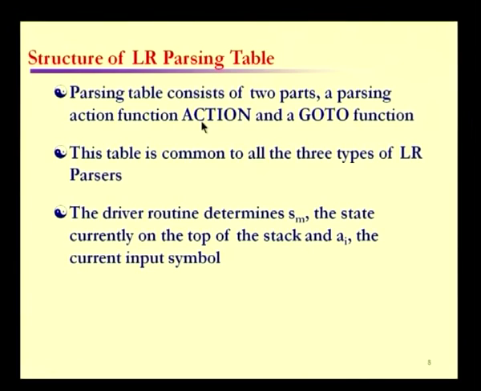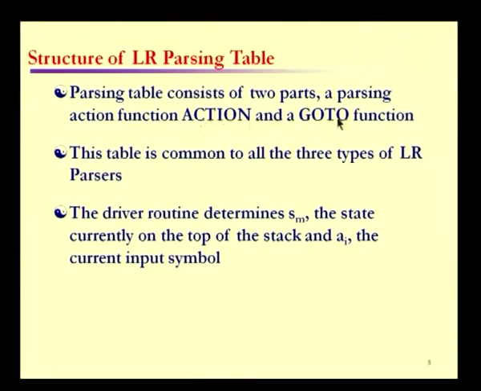So we have two important components. One is the action component, and the other is the go to component. Both the action component and the go to component are indexed row wise by the state numbers. As far as the columns are concerned, in the action component the columns are indexed by terminals, whereas in the go to component the columns are indexed by the various variables available in the grammar.